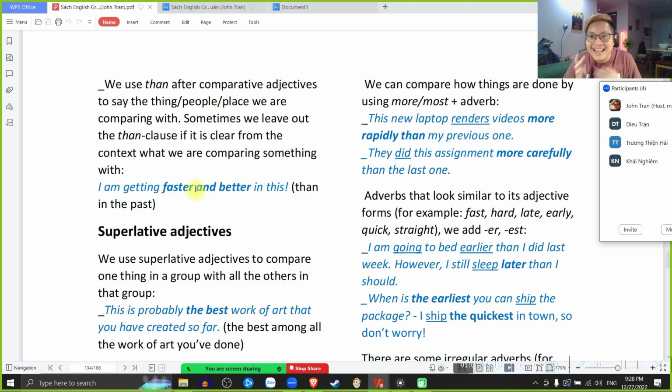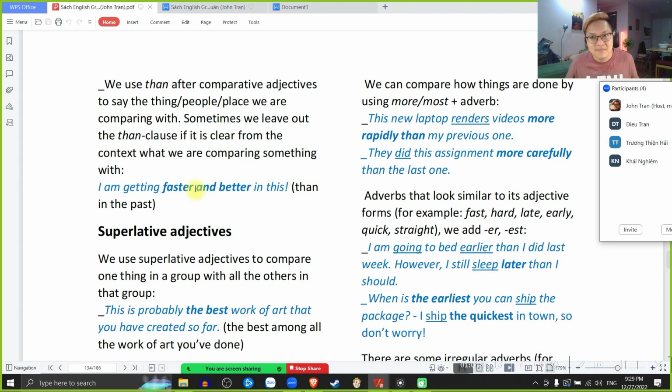Open your mouth wide. Context. Don't flatten it, that's wrong. It's "text", open your mouth wide. Context. From the context, what we are comparing something with.